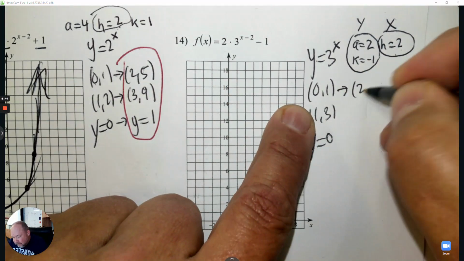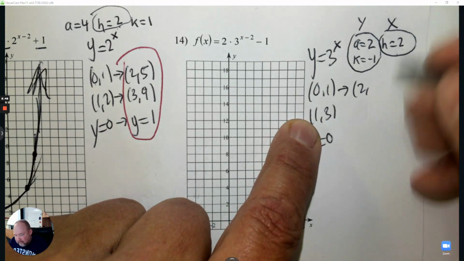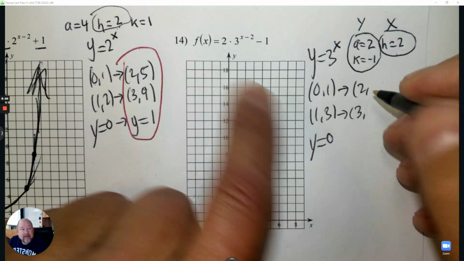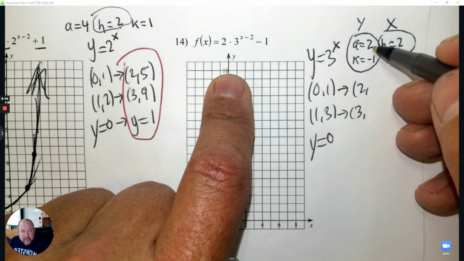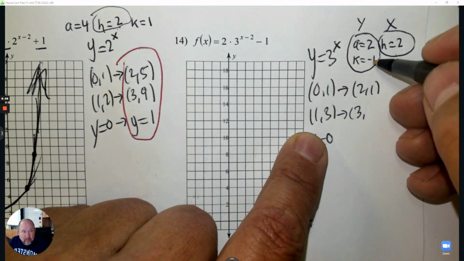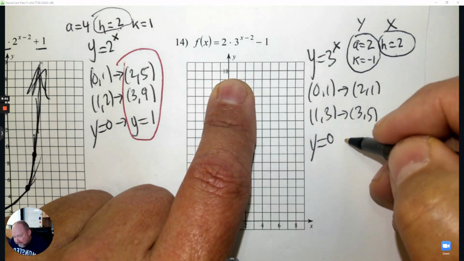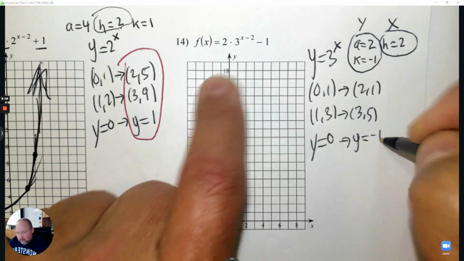So add 2 to the x coordinate. So 0 plus 2, 1 plus 2. And then the y, I'm going to multiply and then subtract. So 1 times 2 is 2, take away 1. 3 times 2 is 6, take away 1 is 5. And then again, whatever the k number is going to be my asymptote.